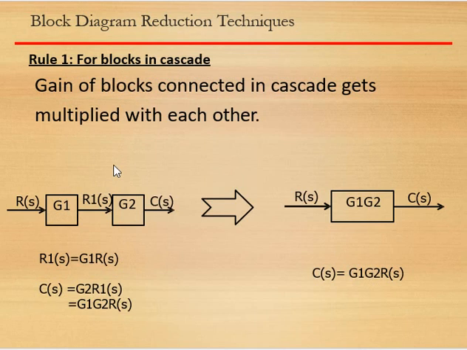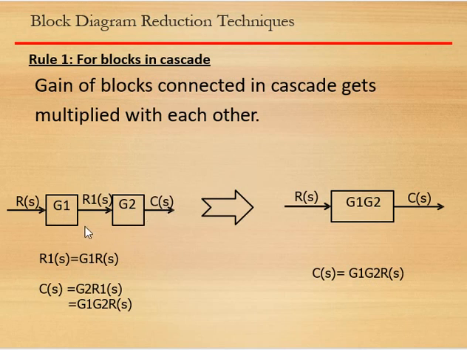Now if you see, this is block number 1 and the gain is G1, and this is block number 2 and the gain is G2. The output of the first block is given as an input to the second block. So this is input R(s) of the first block, this is the gain of the first block, R1(s) is the output of the first block, and it is also acting as an input to the second block, that is G2, and the output of this block is C(s).